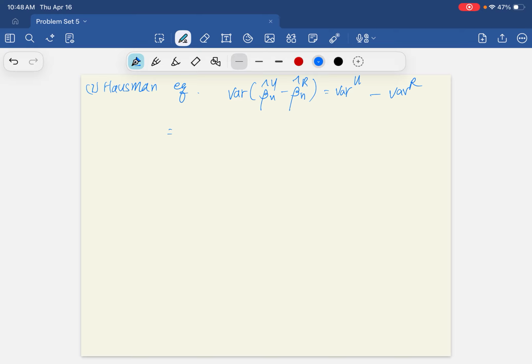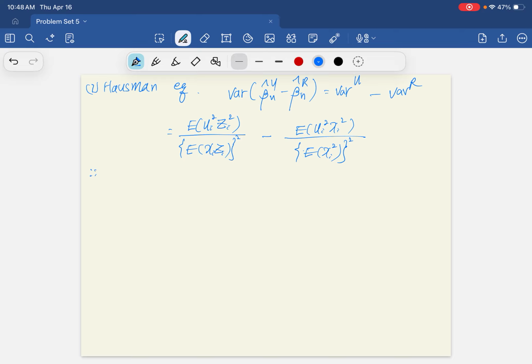In our case, the unrestricted model was the IV regression model, so it looked like this minus expectation u_i squared x_i squared divided by expectation x_i squared squared. So this is the result of the Hausman test.